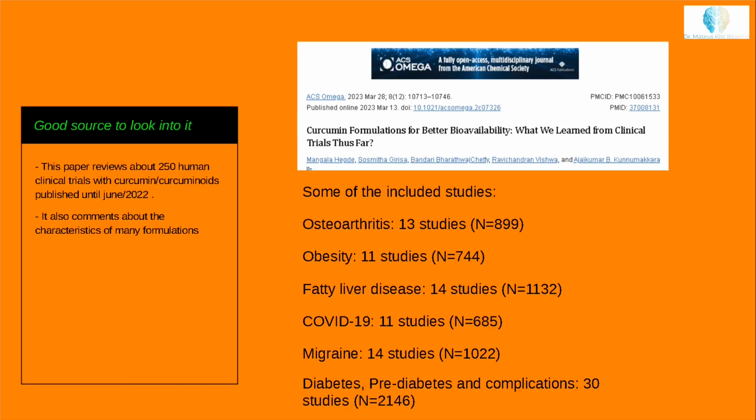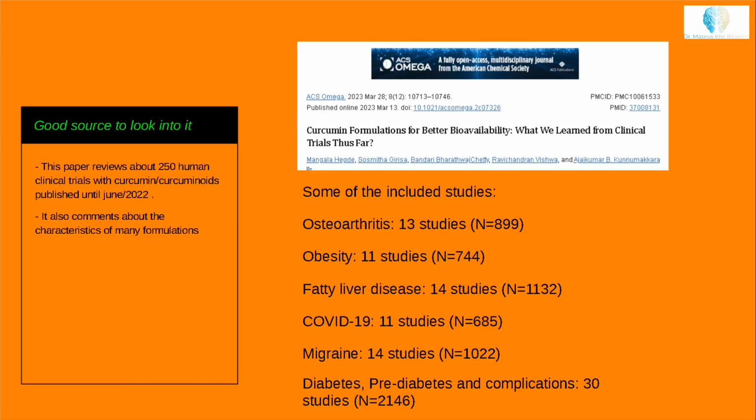It's human clinical trials of curcuminoids published until June 2022. Since then, other studies have been published. We're going to talk a little bit about them. But it also comments about the characteristics of many of the formulations. It's a very nice paper to take a look at. It also reviews some of the studies for each disease.